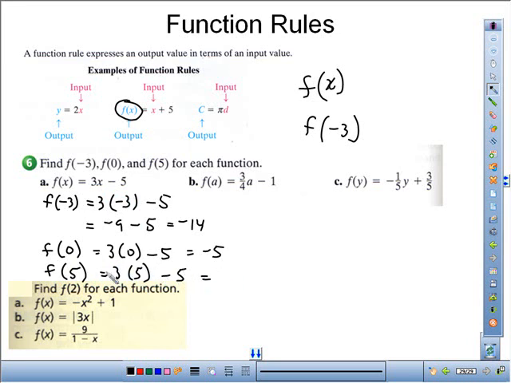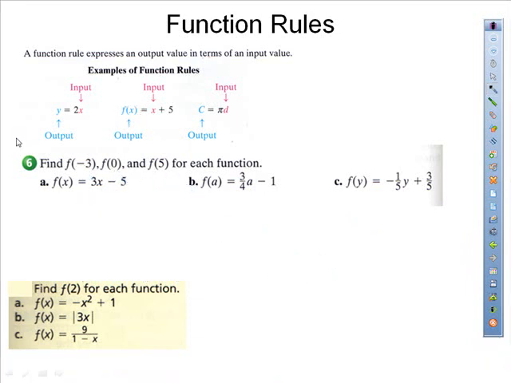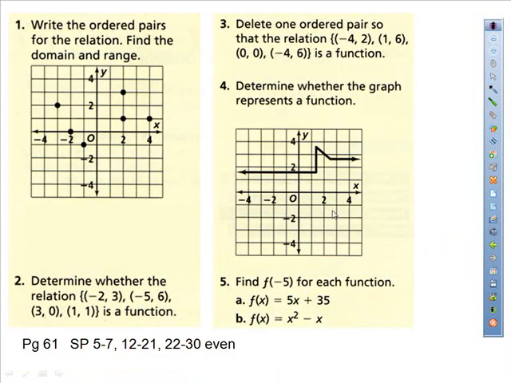So we get 15 minus 5, we get 10. Basically for these other examples, you're doing the same thing. Go ahead and find f of negative 3, f of 0, and f of negative 5. And that's it.